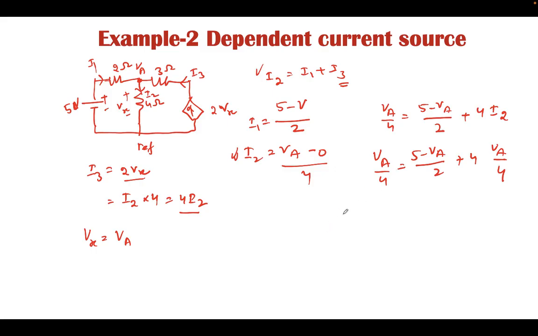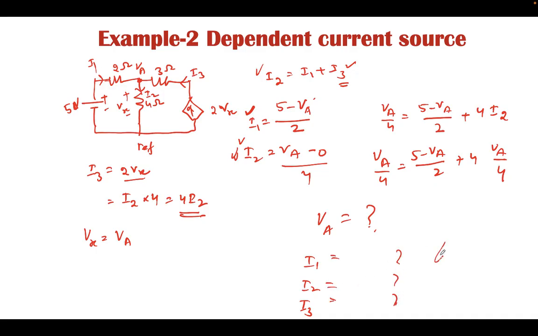We have one equation with one variable. We can find Va, and putting the value of Va in these equations, we can calculate I1, I2 and I3.